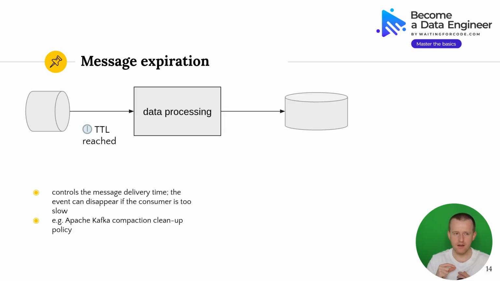So here there is one, I would say, challenge, because the consumers may miss the data not because of some quite huge age of the records, but maybe because they are too slow to process it. For example, if you are supposed to process data in minutes and your consumers take multiple hours instead, the TTL will be reached for a lot of events, and that will be bad luck because you will lose plenty of records.